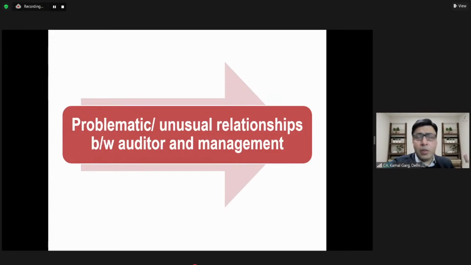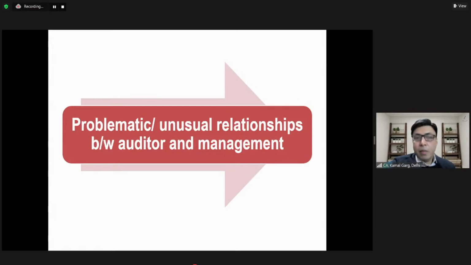So institute says in SA 240, SA 240 deals with fraud and errors. In SA 240, institute says that there can be certain situations and circumstances where auditors or auditor staff may face certain difficulties. When you face certain difficulties in carrying out the audit, quite obviously, you will not be able to verify or conclude with the misstatement. You will not be able to identify misstatements always.